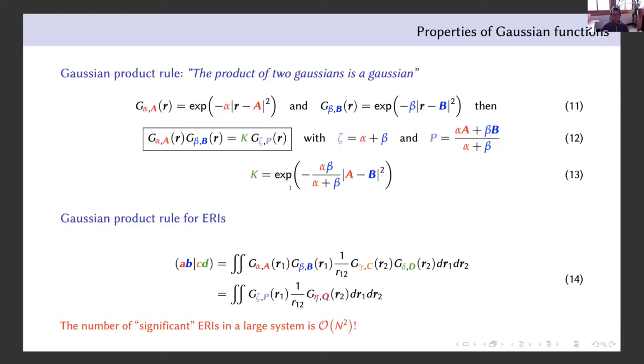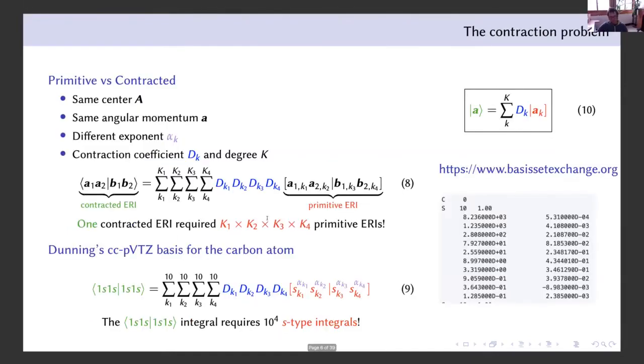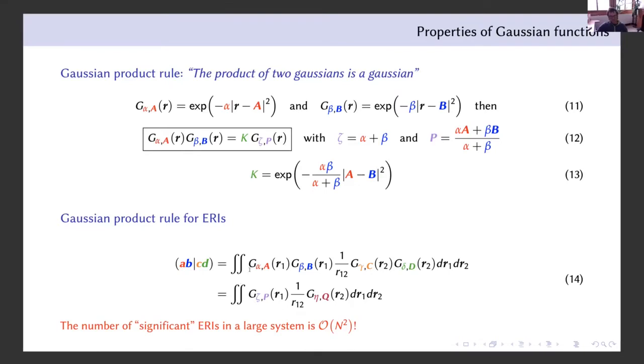If I apply this to my two-electron integrals, if I take a two-electron integral (AB|CD) in chemist notation, I can apply the Gaussian product rule on A and B and on C and D. I can then contract my two-electron integral into an easier one where I have only two Gaussian functions, one with exponent zeta and center P, and the other with exponent eta and center Q, given by the same formula.